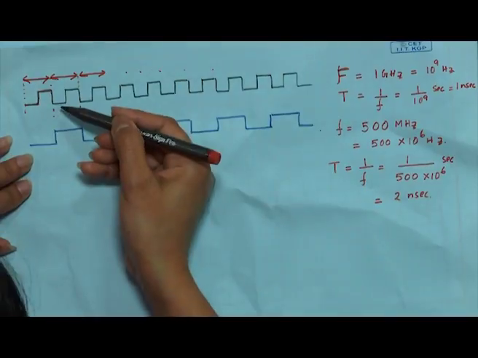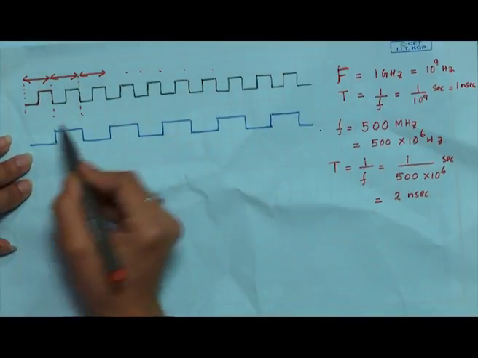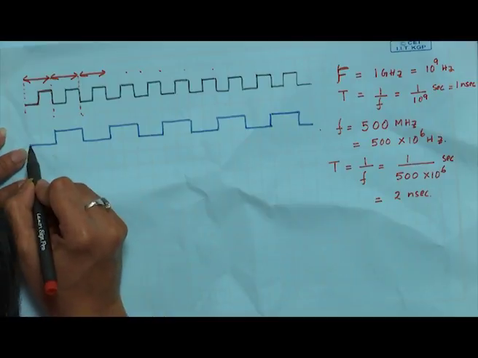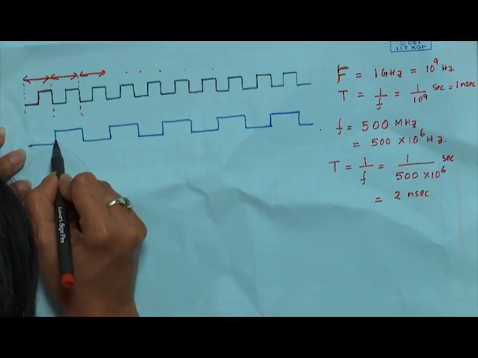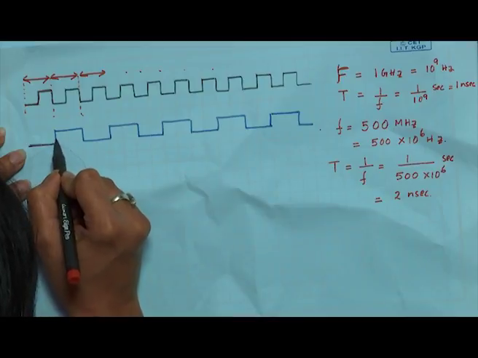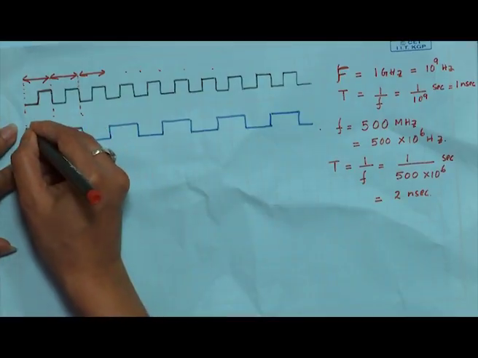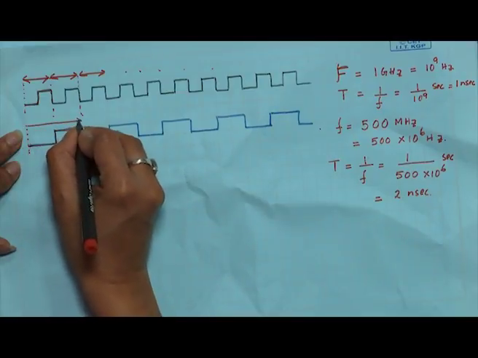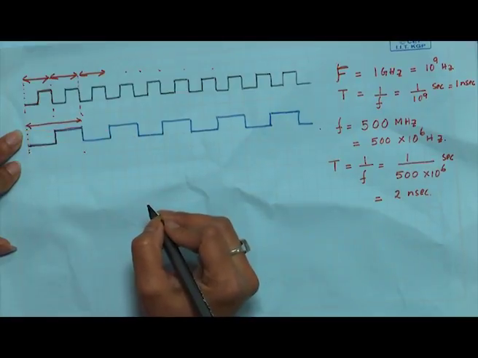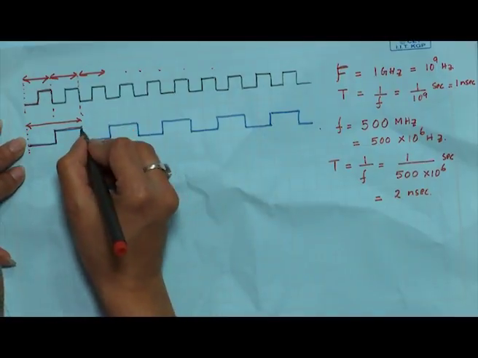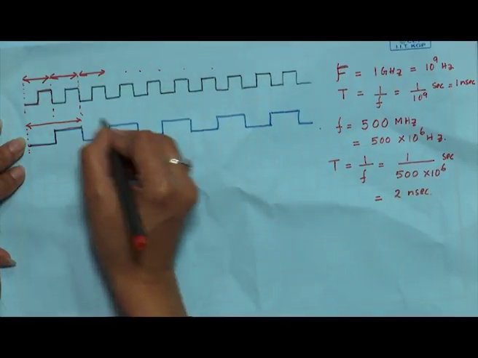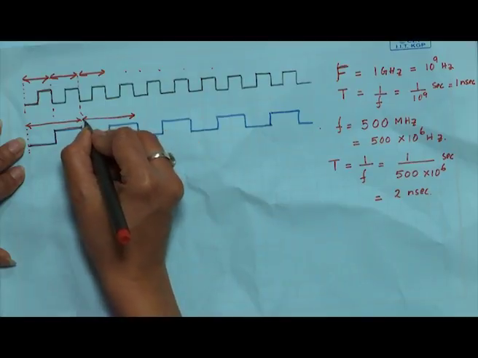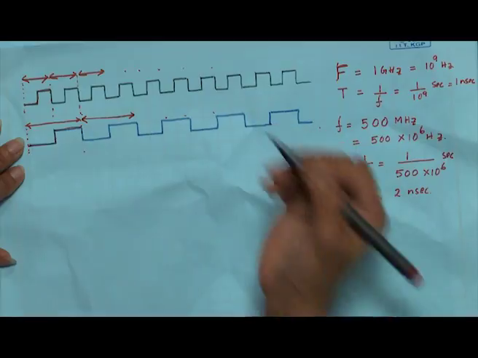And let us say we have another clock whose period is little more. So, what we are doing here, this is the off period and this is the on period. So, this is the total clock period, sorry. Similarly, this is the off period, this is the on period. So, this is your total clock, and so on.